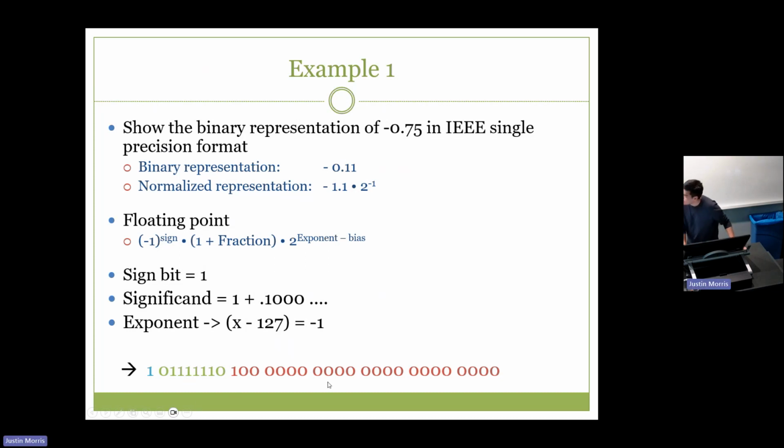So this is our 32-bit number in IEEE floating point format: the sign bit, the exponent with the added bias, and then our mantissa or fraction bits. Right? So the other probably most common mistake is forgetting this bias.